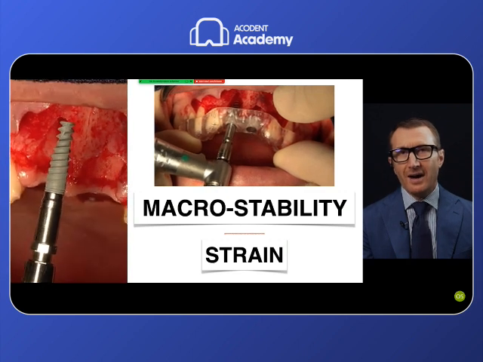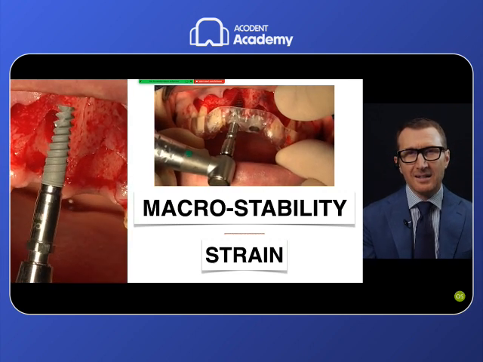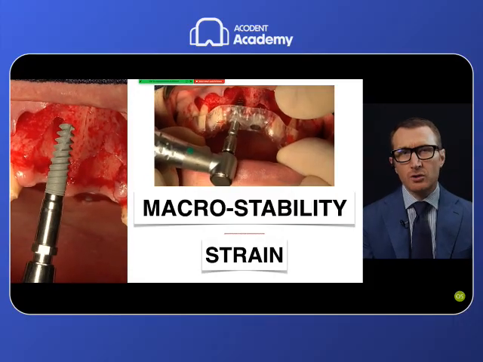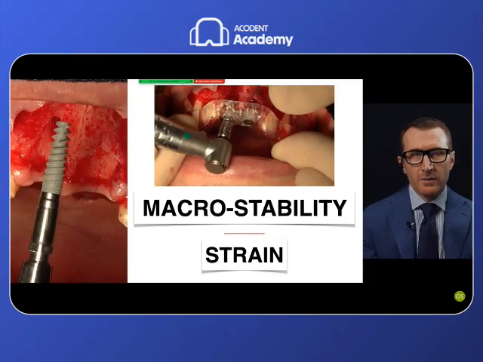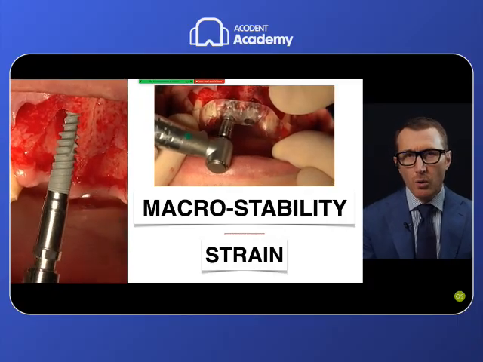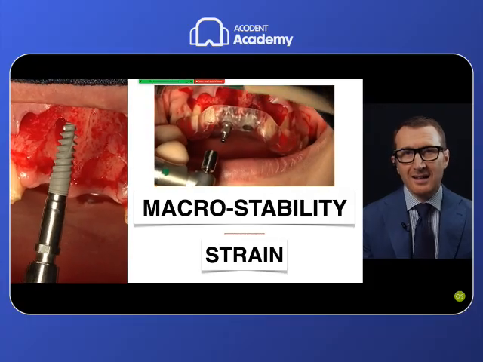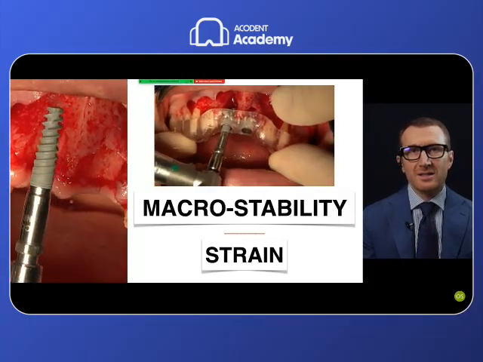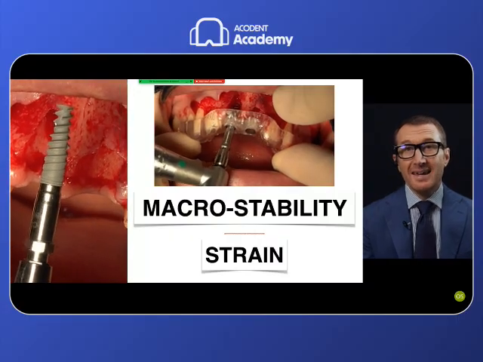So if you have high implant stability, the risk that mechanical instability will bring to fiber integration of the implant is low. On the opposite, if you have a low primary stability, then the risk that the mechanical factors influence the osseointegration process negatively will be higher.